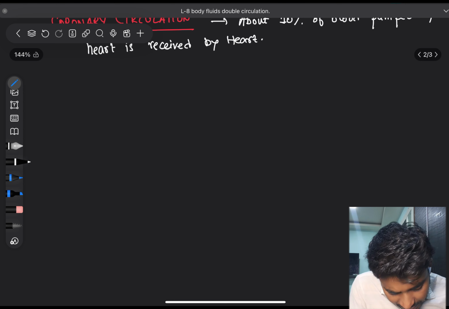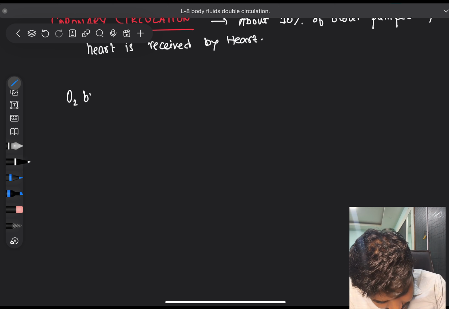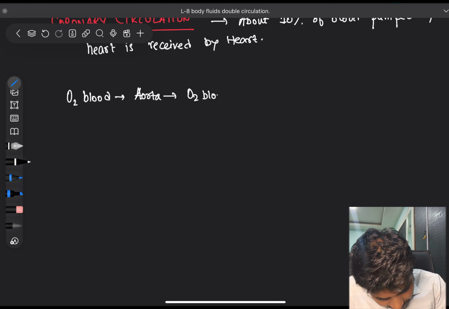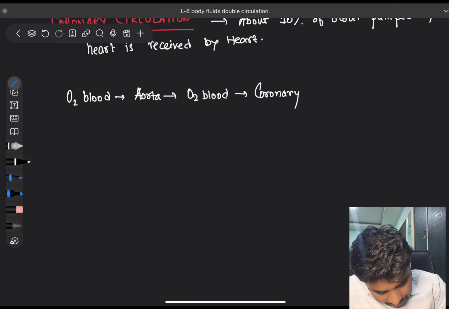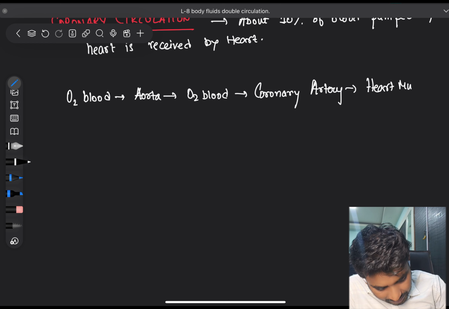Now here is the mind map, the flow chart. Oxygenated blood goes to the aorta, then oxygenated blood goes to the coronary artery, then it is taken by the heart muscle.